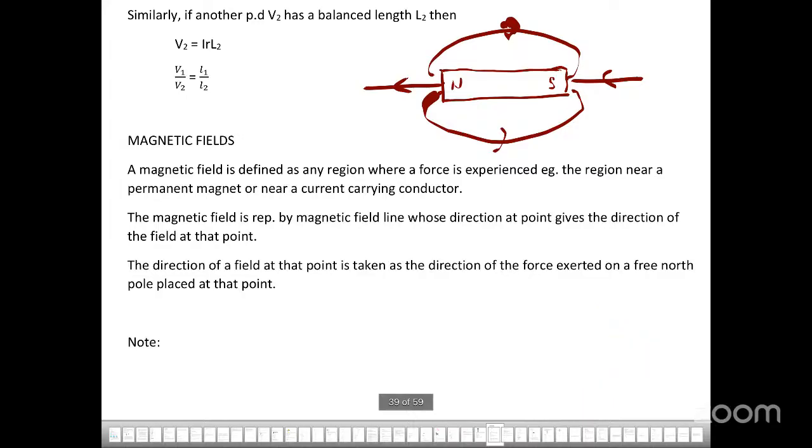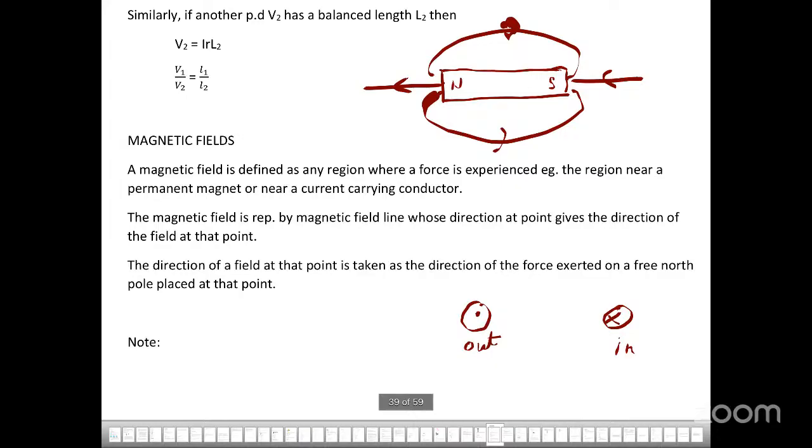And we represent current carrying conductors like this or like this. Anybody remember what the X represents? X is into the paper. Dot is what? Out. What is the rule I used to find the magnetic field around them? The right hand grip rule.